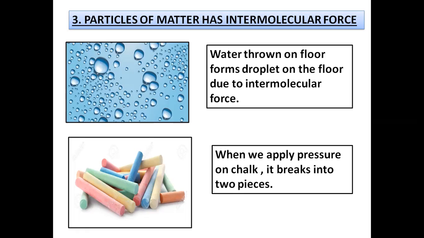So in order to conclude today's lesson, first of all, we have learned what is matter. Matter is anything that has mass and occupies space. Then with the help of some experiments, we proved that matter occupies space and matter has mass.